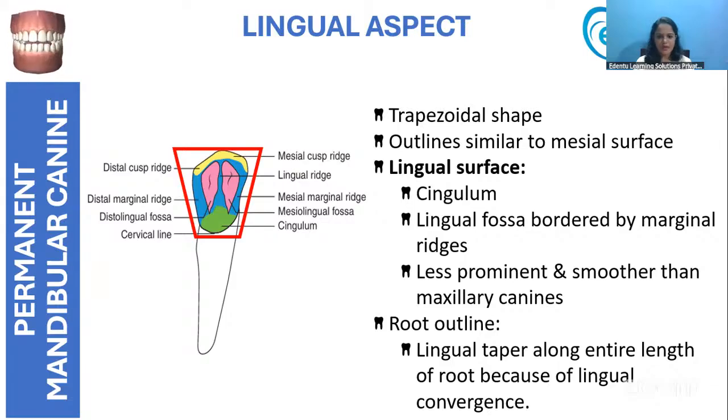If you look at the root, lingual taper will be seen along the entire length of the root, and there will be lingual convergence also. So this is about the permanent mandibular canine.